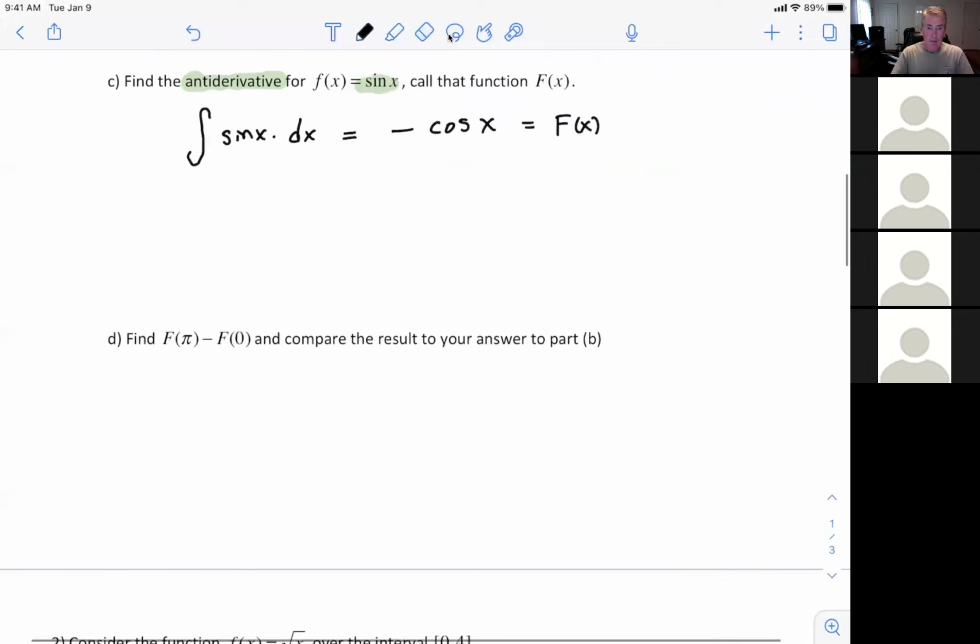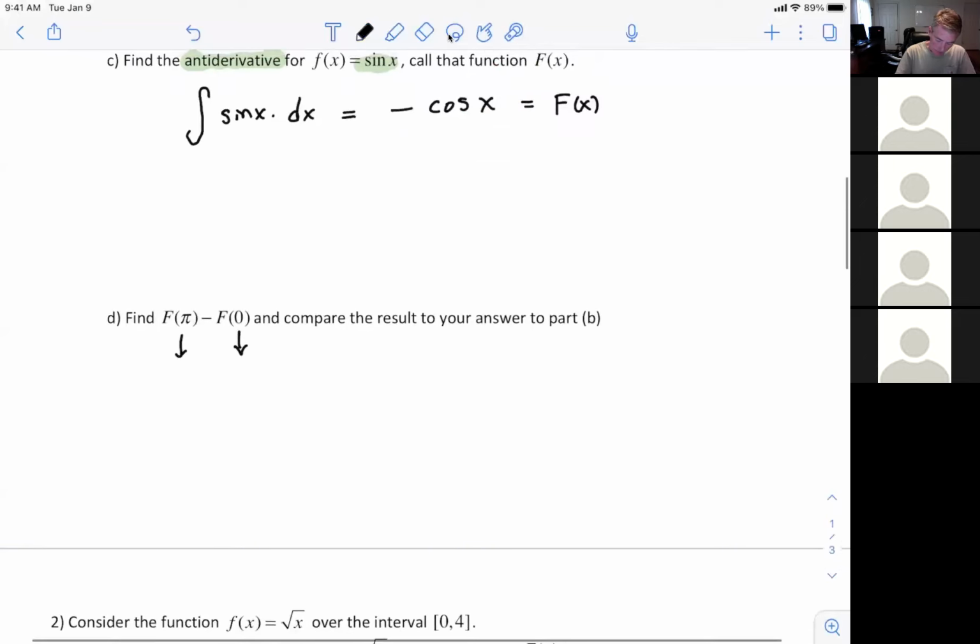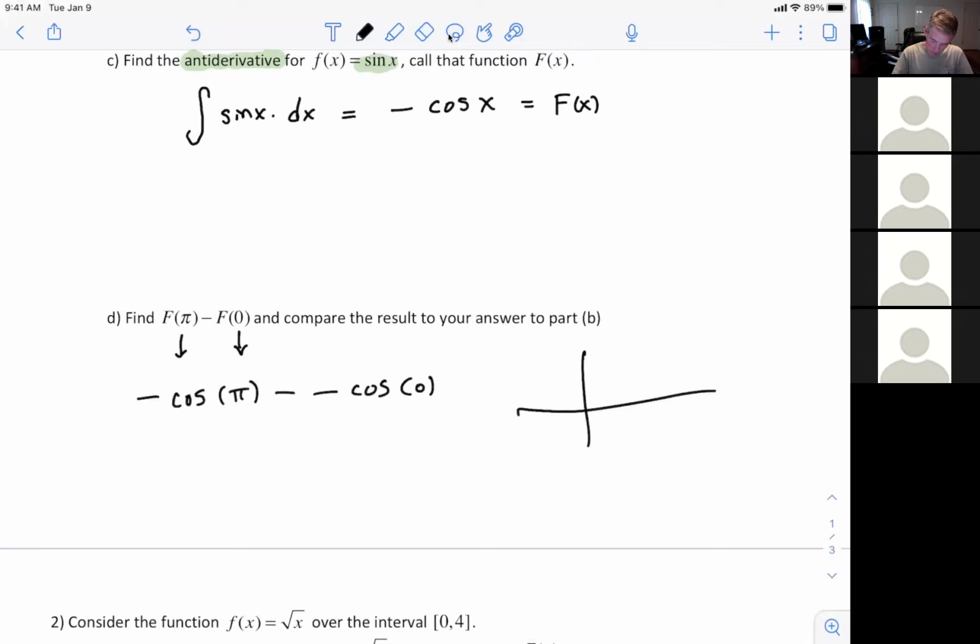Okay, then for part D. So take that function and plug in pi and plug in 0, which are the 2 endpoints. So that would be negative cosine of pi minus negative cosine of 0. So let's see, the cosine function looks like this. And when you plug in pi, that's going to be down here.